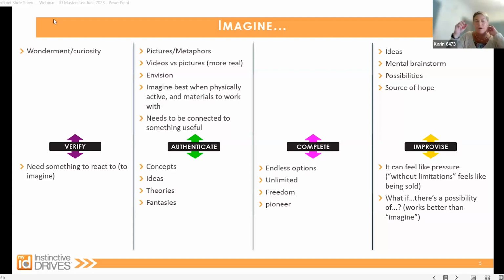But what I was going to say is, I think my avoid authenticate and my avoid improvise end up holding me back in terms of imagining, because as I'm thinking of this new move into our home, we had nothing when we moved into it because we didn't expect to be moving.